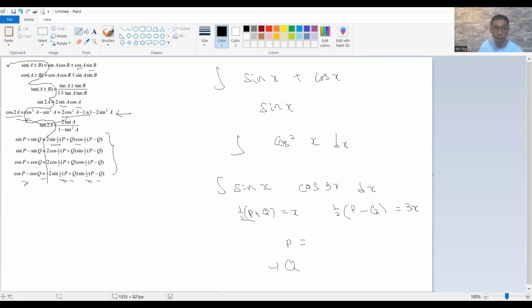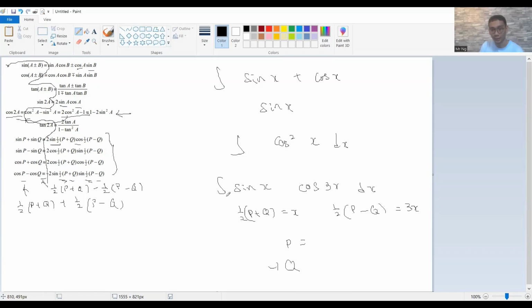So this P is essentially just half of P plus Q plus this thing, where this Q is just the same thing minus this thing. So why am I saying this?